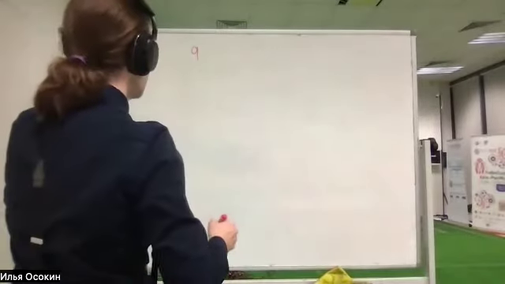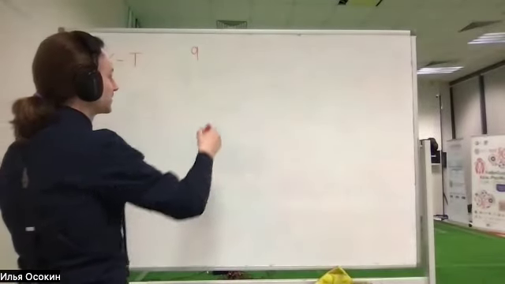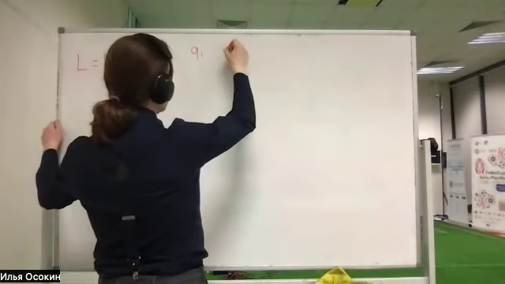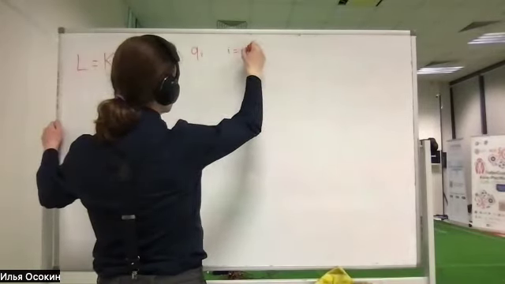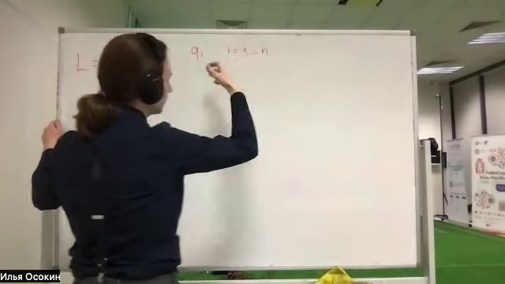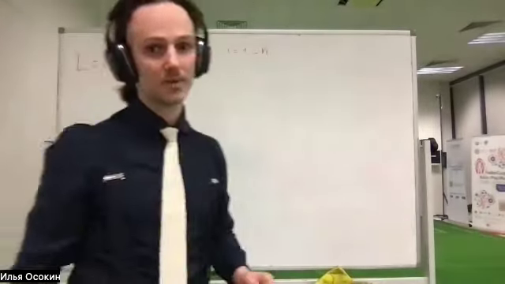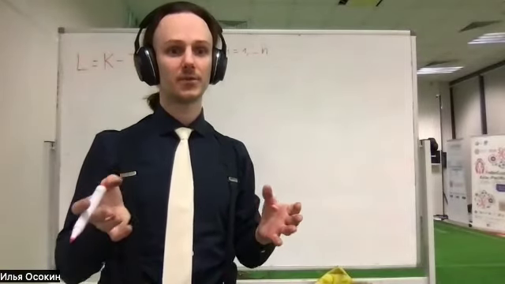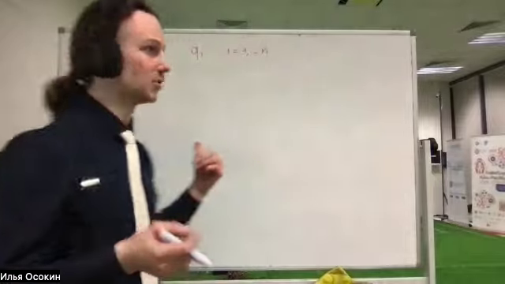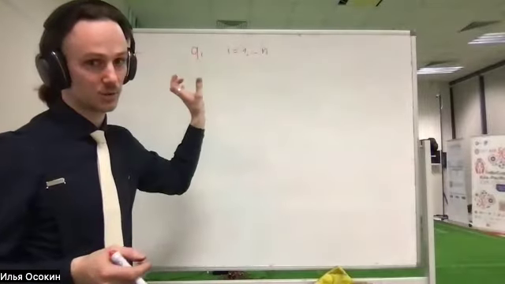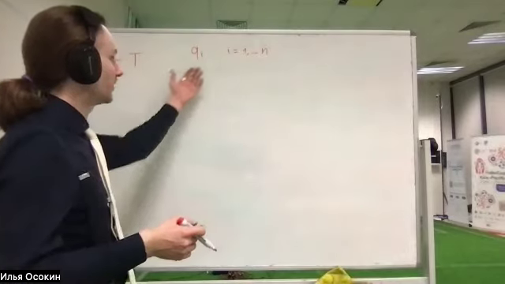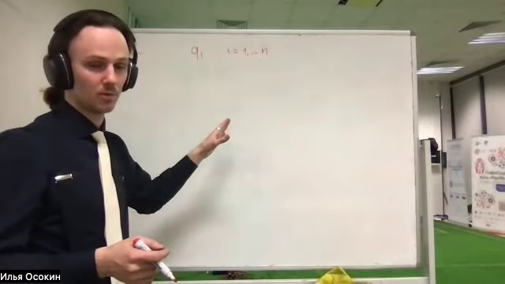So I will denote these generalized coordinates by q sub i, where i is 1, 2, up to n, if the system is n-dimensional. For certain cases, like an inverted pendulum, it will be just 1. So we will have just one generalized coordinate. But we can assume the system to have n of them, and it will all be fine.